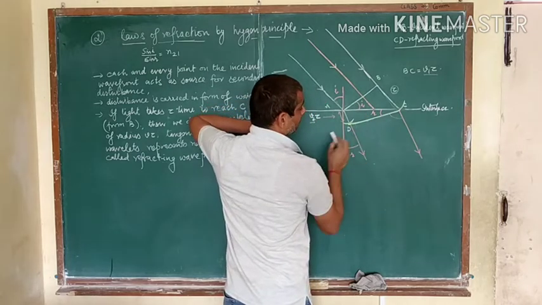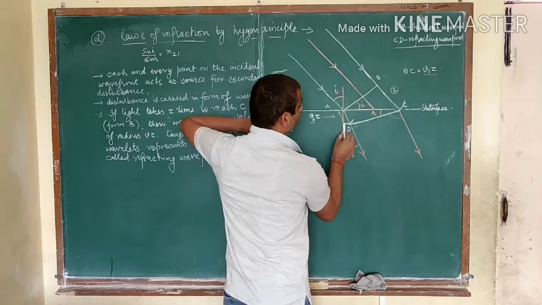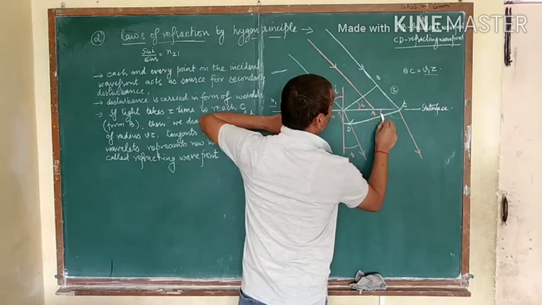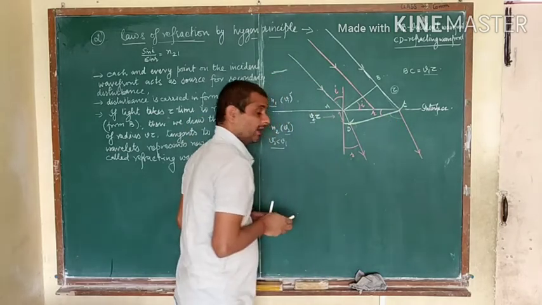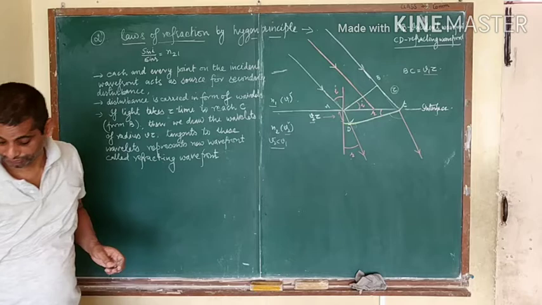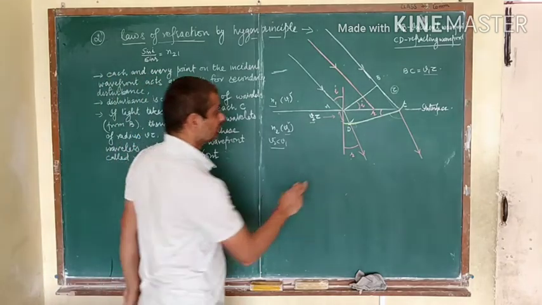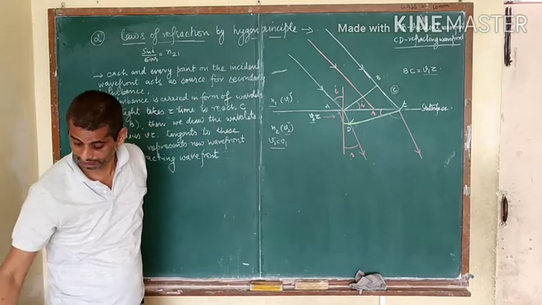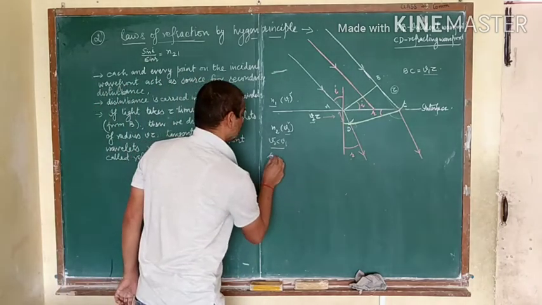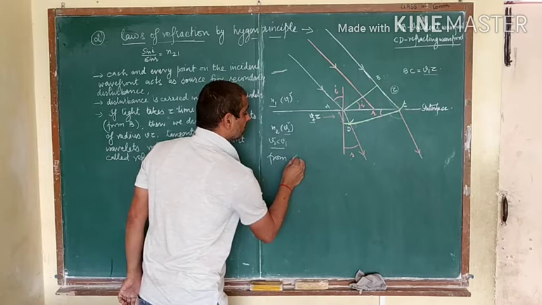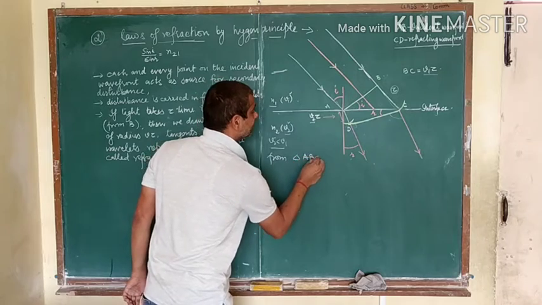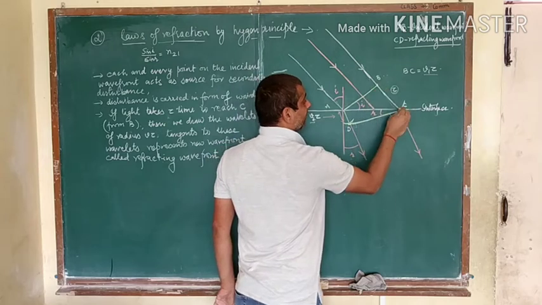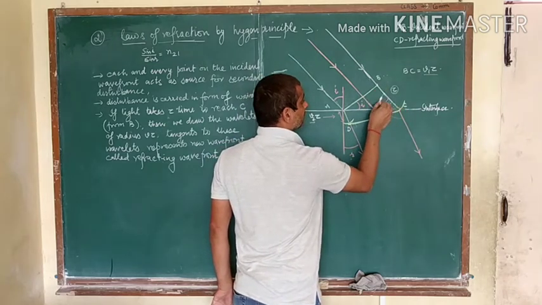These two are at 90 degrees. And the line perpendicular to the normal is this one. So the angle between these two is also equal to the angle made by the two lines. So this is your angle r. So from triangle ABC, this triangle A, B, and this part of the triangle.